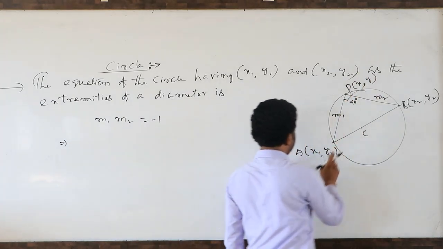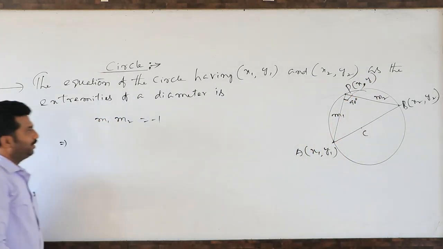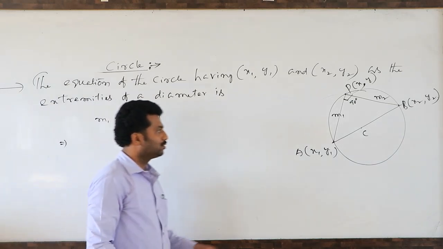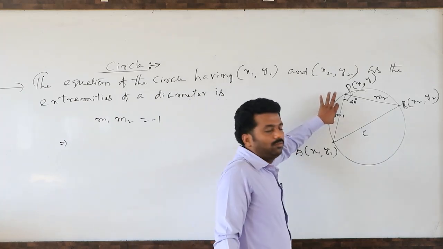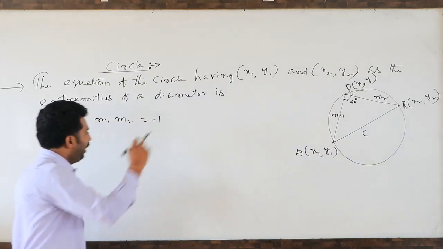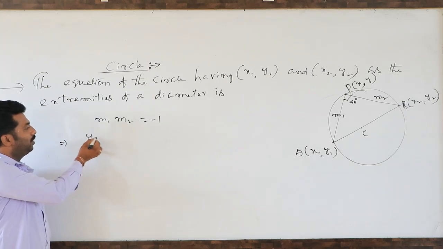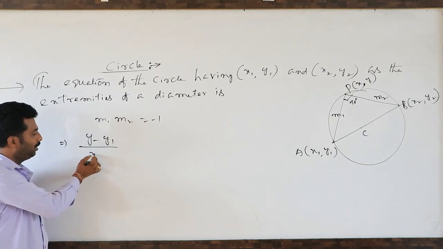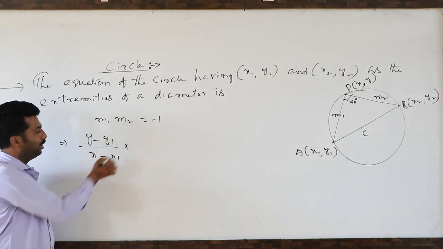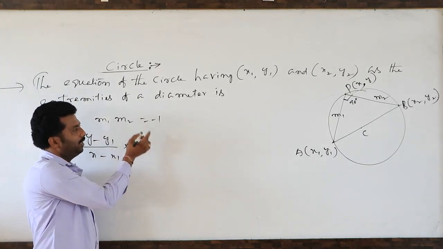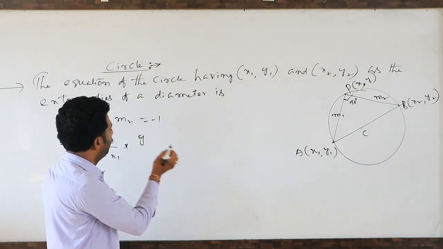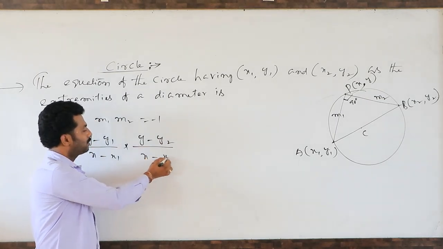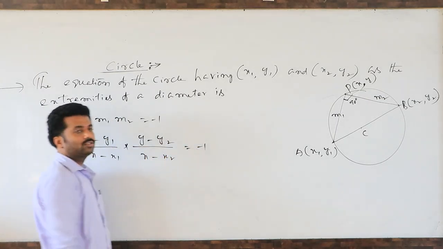So slope of two points is (y2 minus y1) divided by (x2 minus x1). Already in the straight lines concept we have used this. So m1 is (y minus y1) divided by (x minus x1), into m2, (y minus y2) divided by (x minus x2), equal to -1.